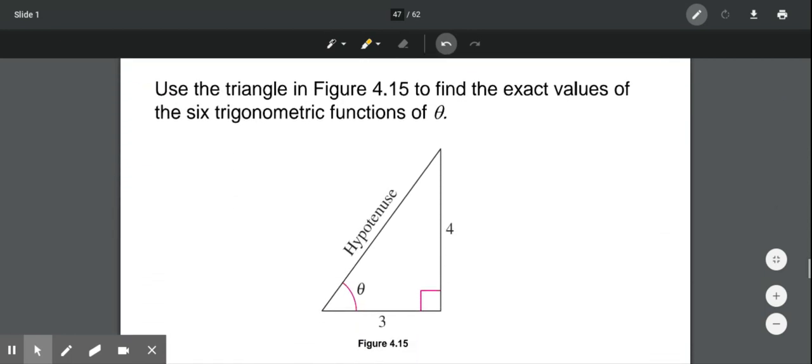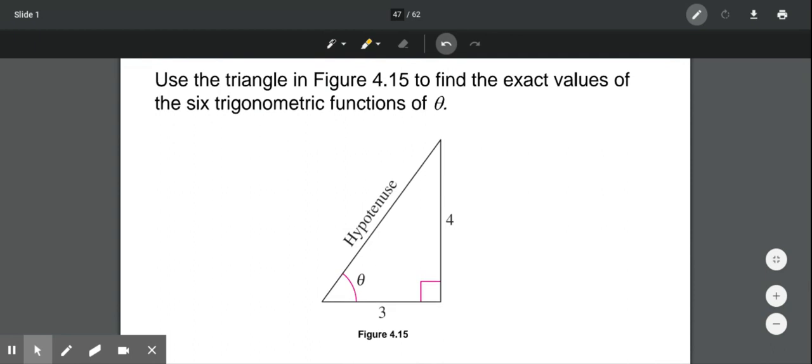So if we look at this first example, it says use the triangle to find the exact values of the 6 trig ratios. They give us this triangle and they tell us that the 2 legs are 3 and 4. It's a right triangle, so we could use the Pythagorean theorem to find the hypotenuse.